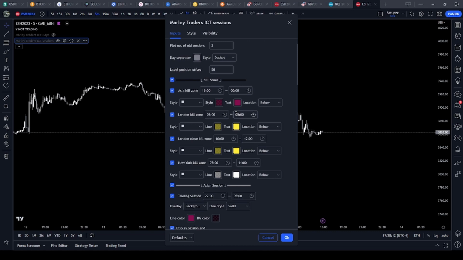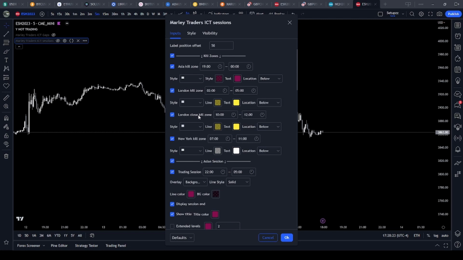In London time, that would be 7 to 10 a.m. Then we have the London close key zone. You can also change these times if you don't think they are correct, but they are correct.